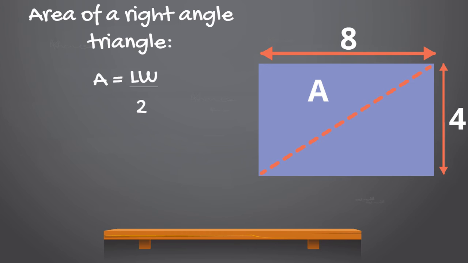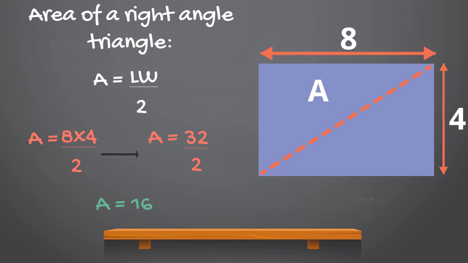So, when we put the numbers in, that means that area is equal to 8, the length, multiplied by 4, the width, divided by 2. And when we tidy up that top line, we get area is equal to 32 divided by 2. So area is equal to 16. If you got that by yourself, well done. That's really good. That's the start of secondary school work, so well done.